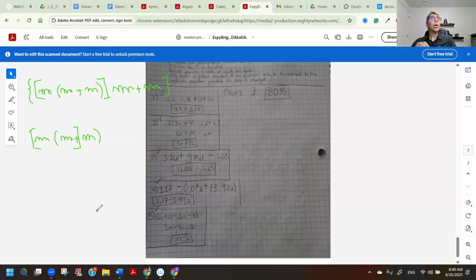Now, in computers, since the advent of computers, we have basically stopped using the brackets and the braces for this type of operation. In some computer languages, we use the brackets and the braces for a different thing, but not for that.